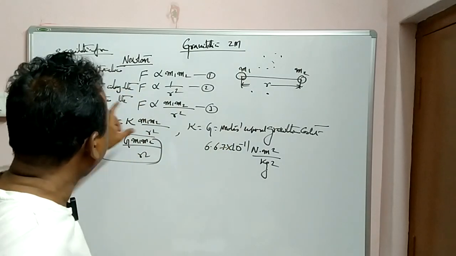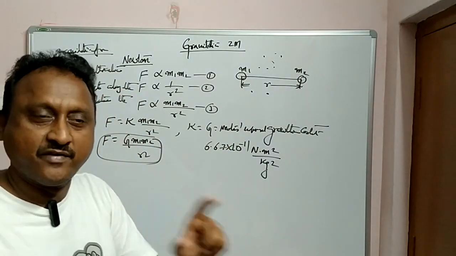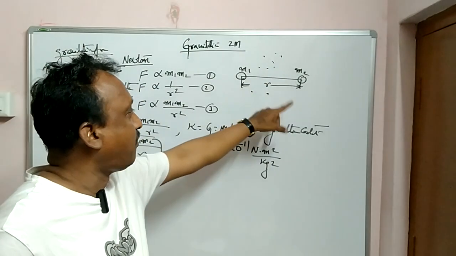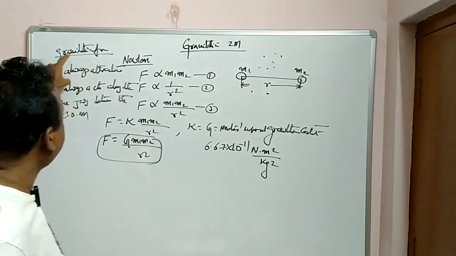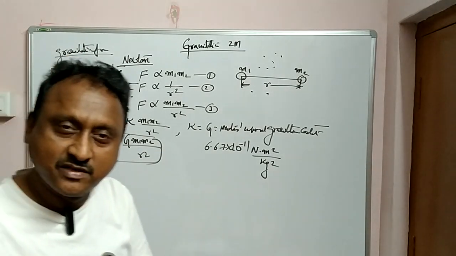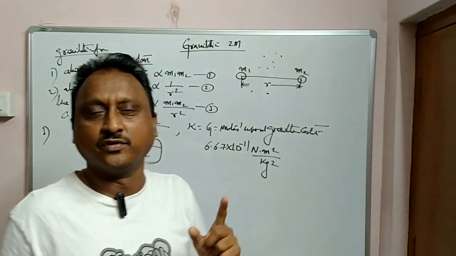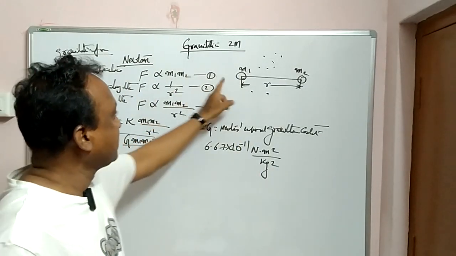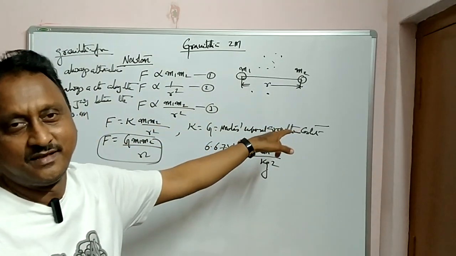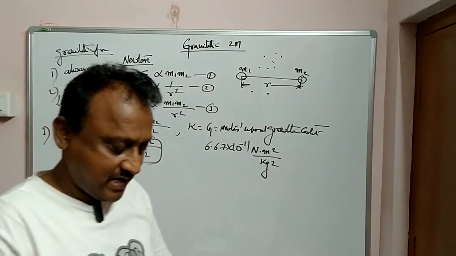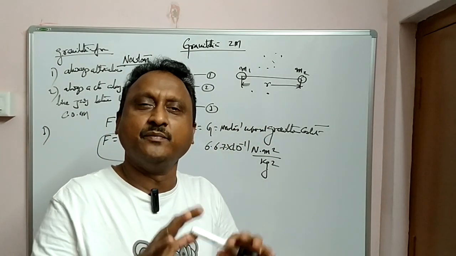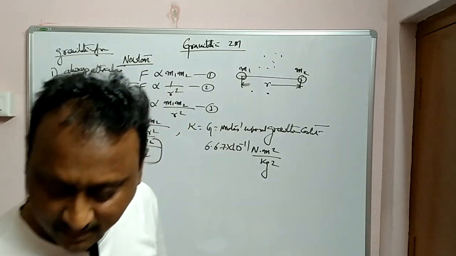But gravitational force is not affected. These three are very important. Gravitational force is always an attractive force. It acts along the line joining the two centers of masses of the point masses, and it is not affected by any medium between the masses. Clear?